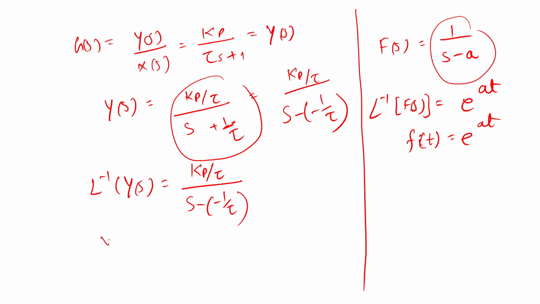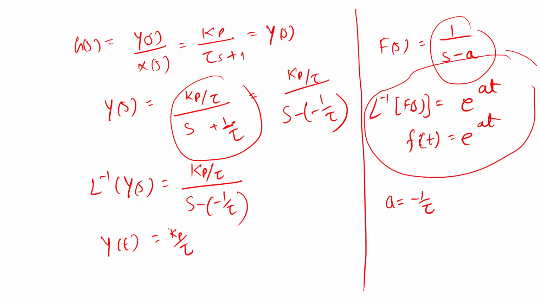So here we can write Y of t is equal to, this is anyway constant, Kp upon tau, and we can compare 1 upon s minus of minus 1 upon tau with 1 upon s minus a. So from that we get a is equal to minus 1 upon tau. Using this Laplace inverse formula, we can write f of t is equal to Kp upon tau into e raised to at, where a is minus 1 upon tau.